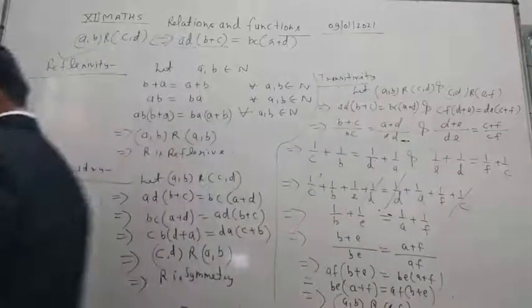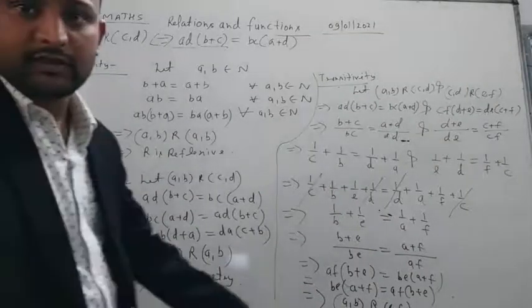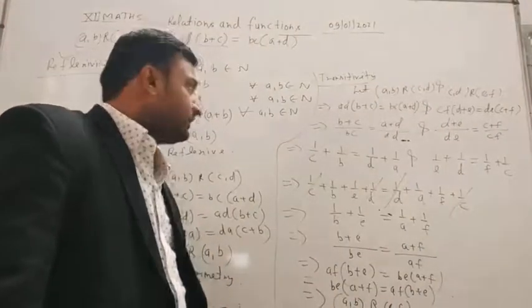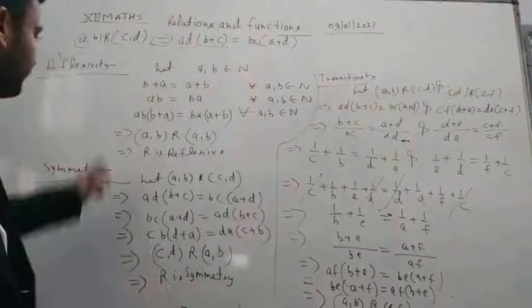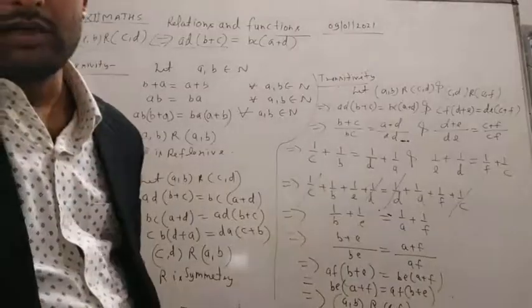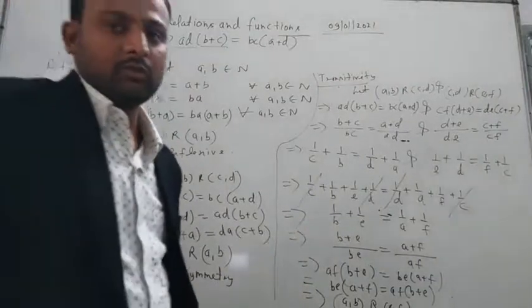Okay, student. So AB related to EF. So R is transitive. From here we can say that our R is reflexive, symmetric, and transitive. Then we can say that our R is an equivalence relation. I hope you understand, student.